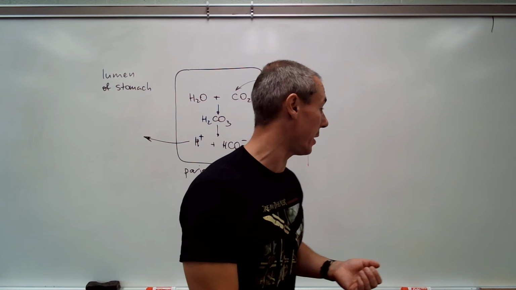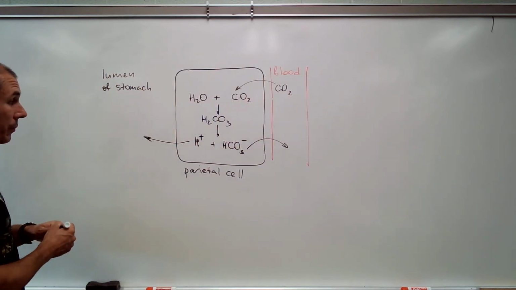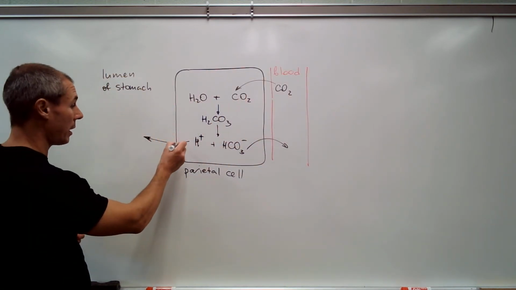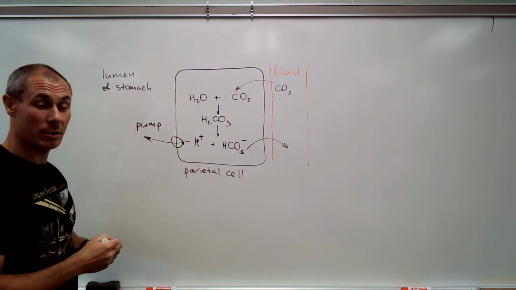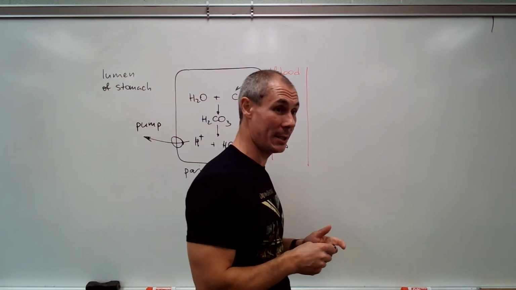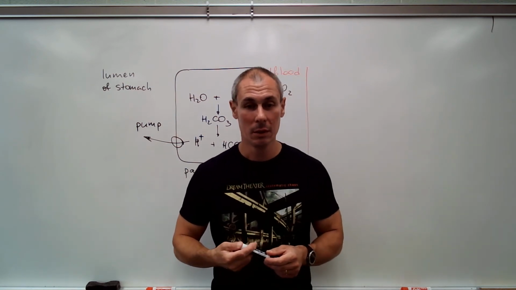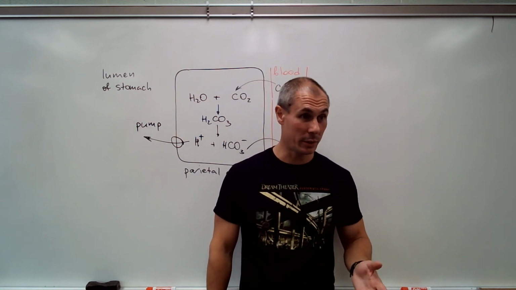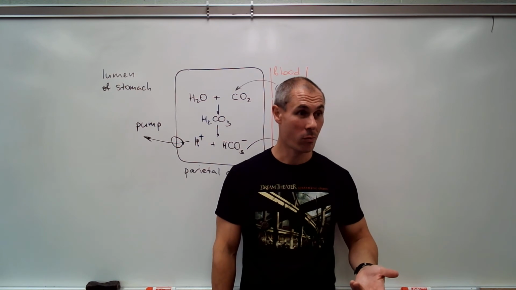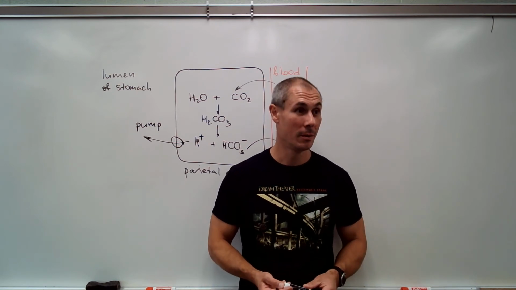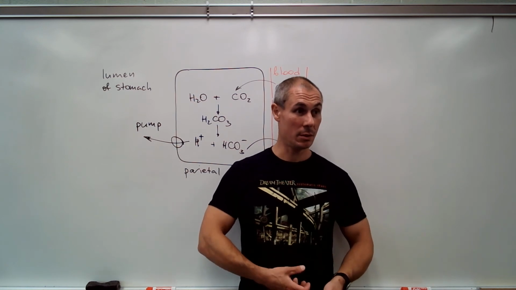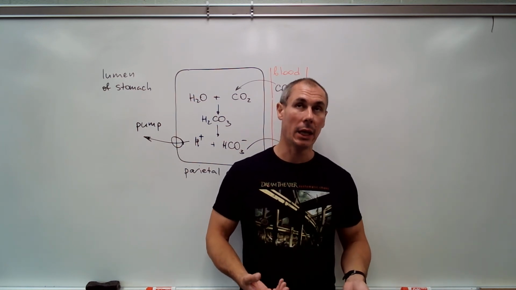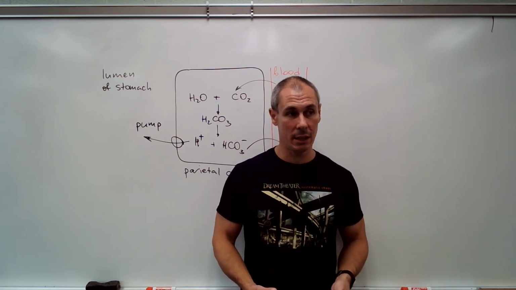It's an enormous gradient. And the proton pump actually pumps hydrogens into the lumen of the stomach. Does that make sense? So, you're familiar with drugs like Prilosec? Yes. It's a proton pump inhibitor. When people have gastroesophageal reflux, it can be due to increased acidity.